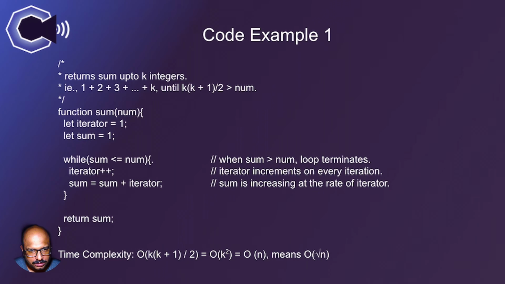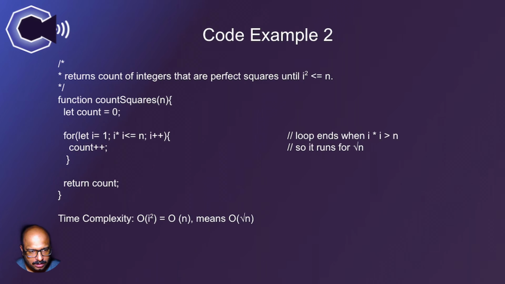Now moving on to code example 2, we have a function with a single for loop. As you see, the loop ends when i into i is greater than n. So the i increases in quadratic time. The loop will execute up to k, where k is equal to i into i, where i is the iterator.